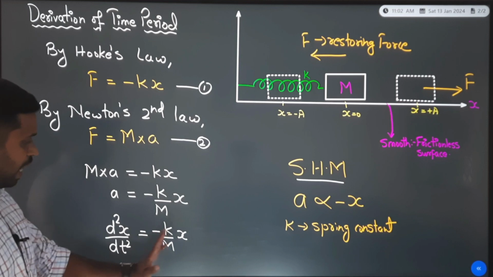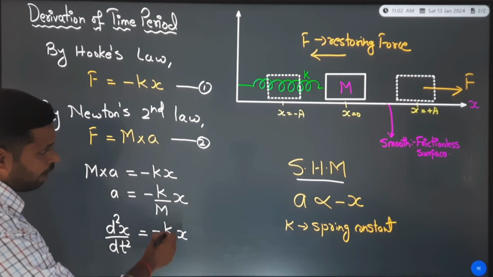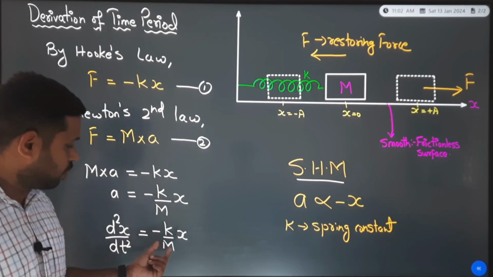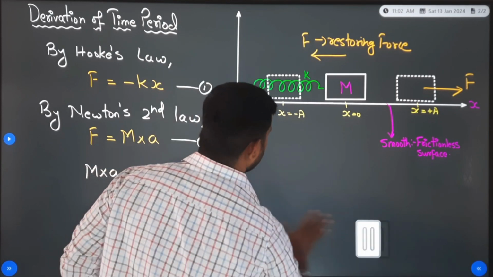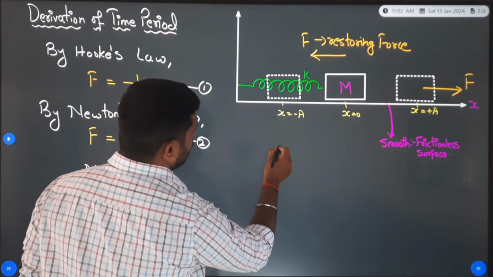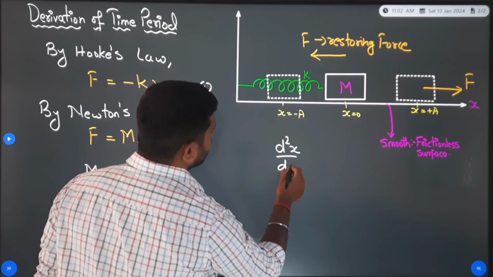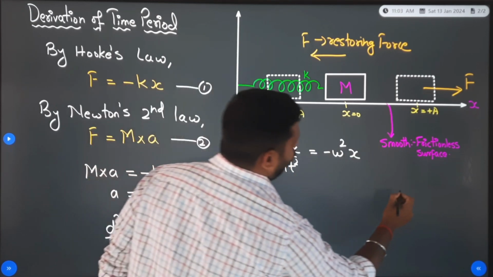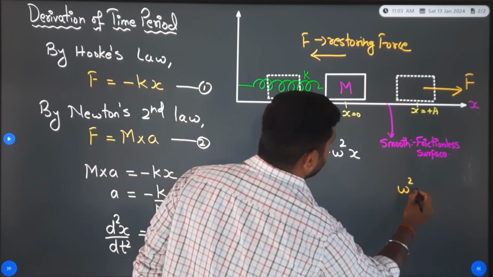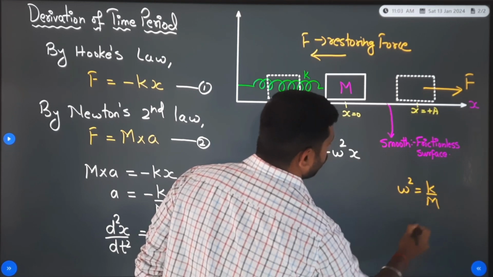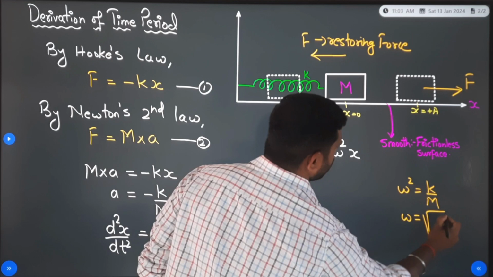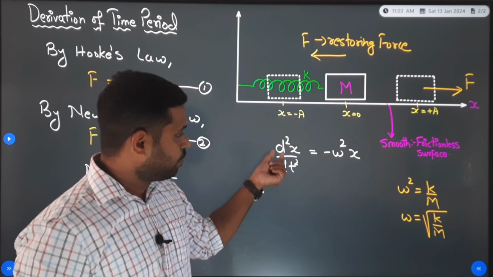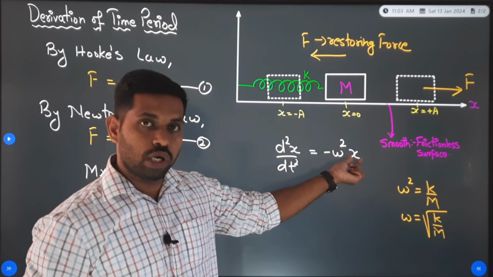This k by m factor I can take as some constant, so d2x by dt square will become minus omega square x, where omega square is k by m. So omega would be equal to square root of k by m.